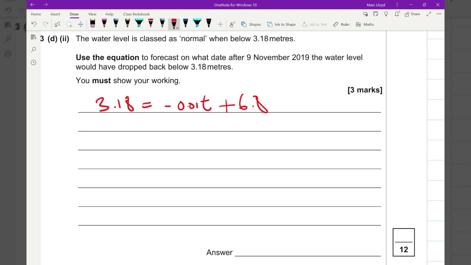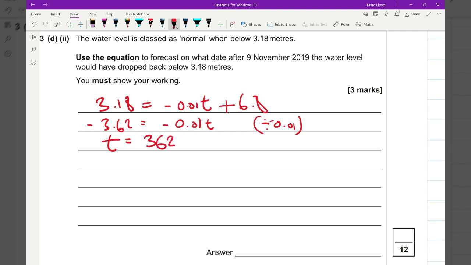Okay, first step, take away this 6.8. 3.18 take away 6.8 gives us negative 3.62, and that's equal to negative 0.01 t. We're then going to divide by negative 0.01, and that's going to give me my value of t. So divided by negative 0.01, 362.